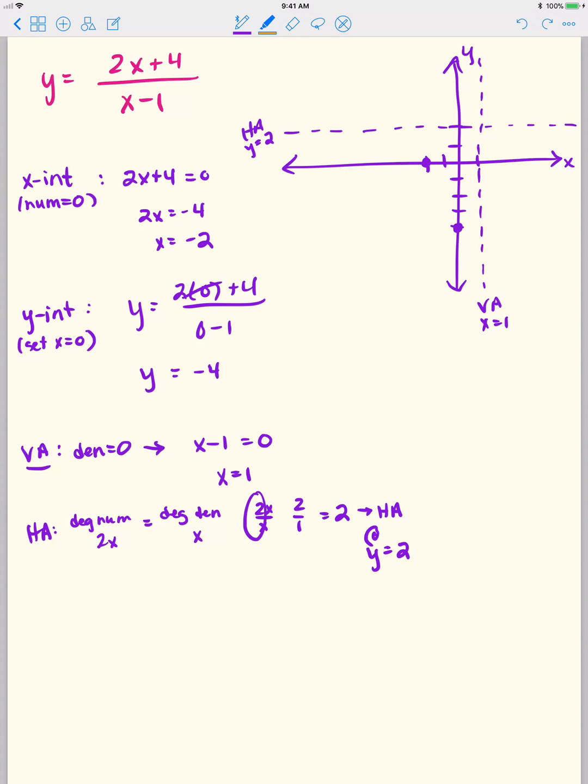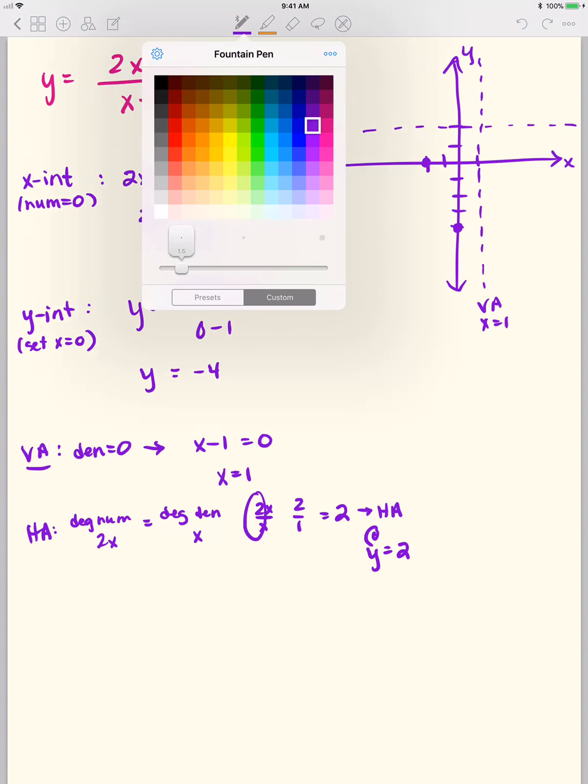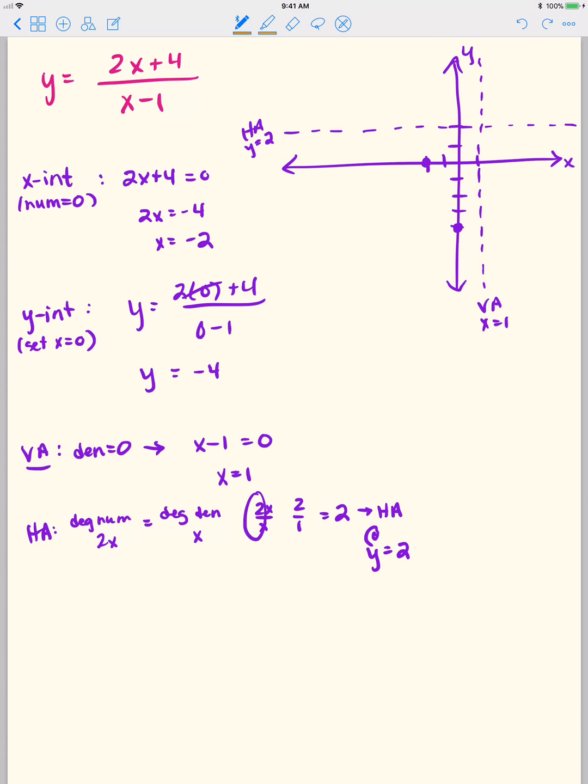Okay, so as those x values, we're going to start looking at limits. We know as x goes to infinity, the function value is going to go to 2. So if we want that to go to 2, you can look at what happens right after that vertical asymptote.